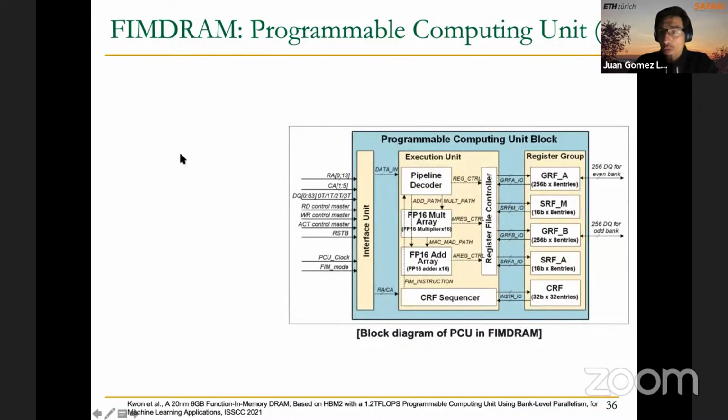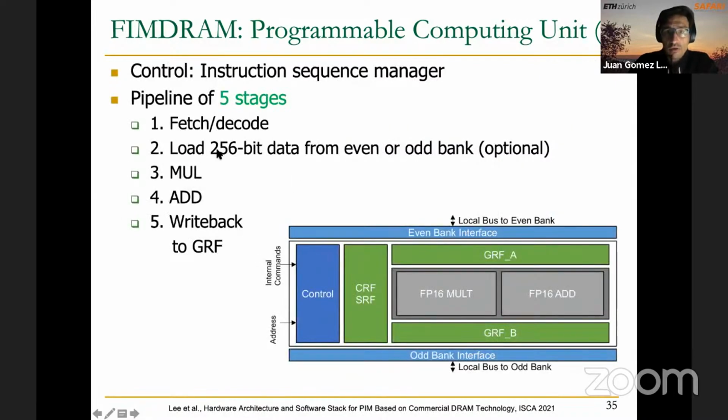Then there is an optional stage, depending on the specific instruction that we execute, on a specific version of some arithmetic operations. As you will see, some of these instructions read operands from registers, others use operands directly from memory. So that's why this step 2 gives us the possibility of loading 256 bits of data from either the even or the odd bank, right?